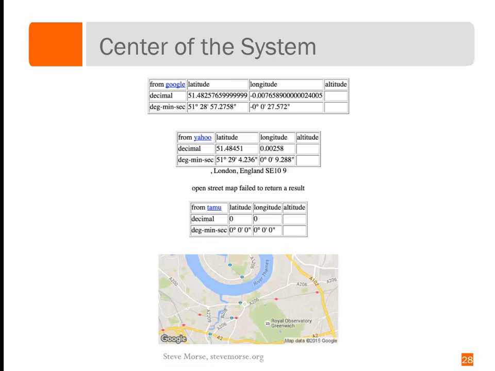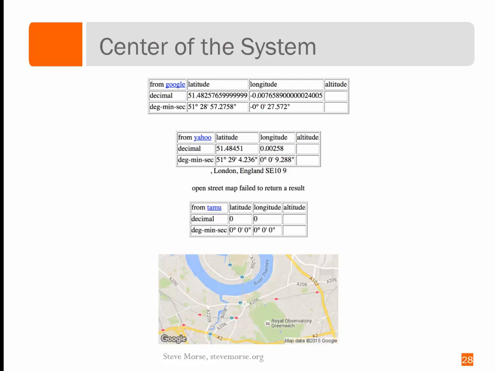So let's take a look at the latitude as described from the Google system. We notice that we're at 51 degrees latitude. As you may recall, that gives us some positioning on the north and south.